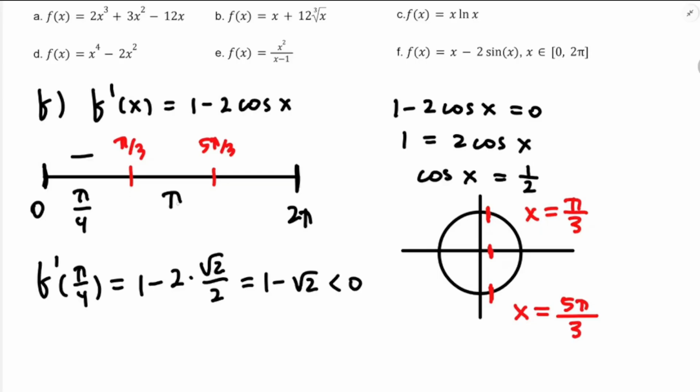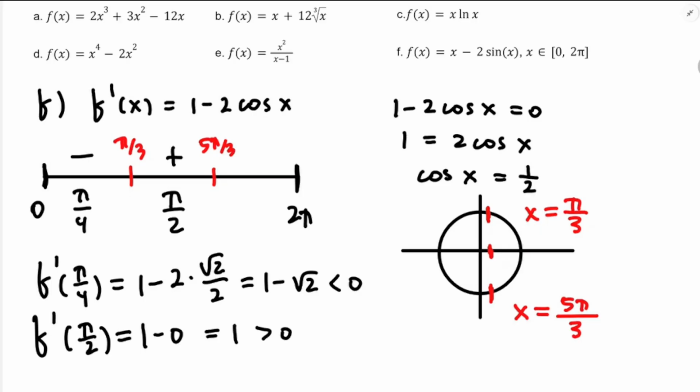So we're going to do pi over 2. f prime of pi over 2 is going to equal... you could have done pi or 3 pi over 2 also. It really doesn't matter. And that's going to be 1 minus 2 times cosine of pi over 2. Well, cosine of pi over 2 is 0, so it's going to be 1, which is a positive number.